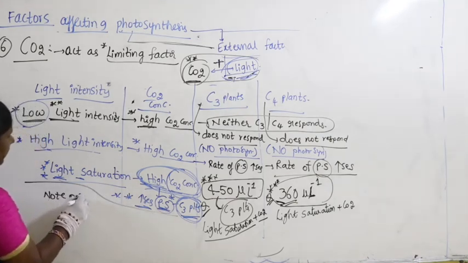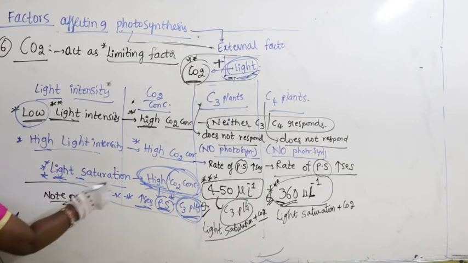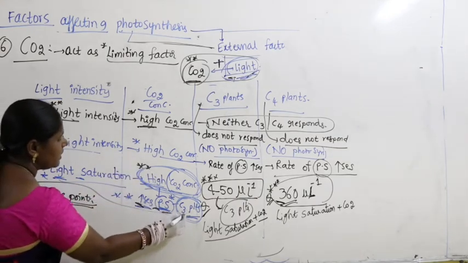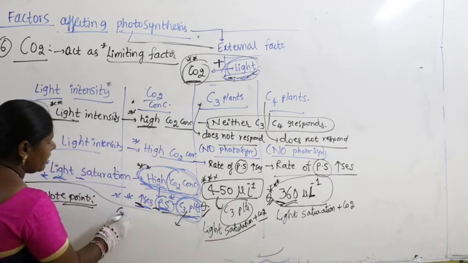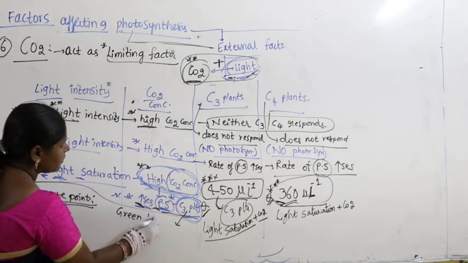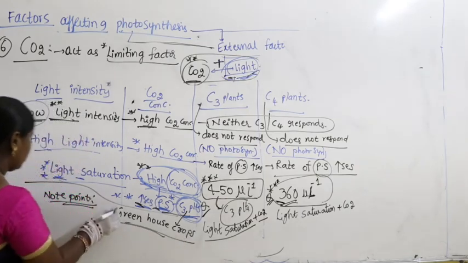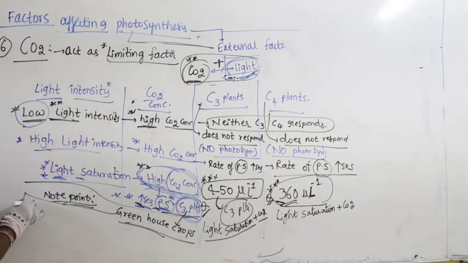The note point here is, as high carbon dioxide concentration increases photosynthesis in C3 plants, that is why in C3 plants like greenhouse crops. Which greenhouse crops? I am writing here, very, very important: tomato and bell pepper.